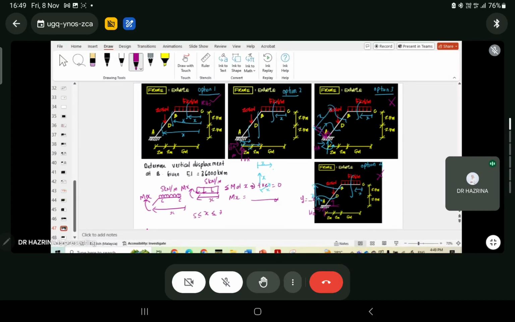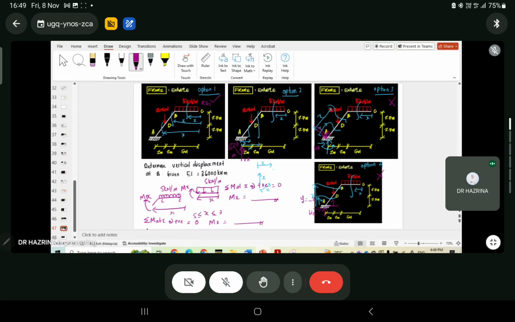So bila you nak kira sini, you akan kira lah summation moment at X clockwise positive equals to 0. So you have 5, okay, you dapatlah you punya MX sama dengan berapa.